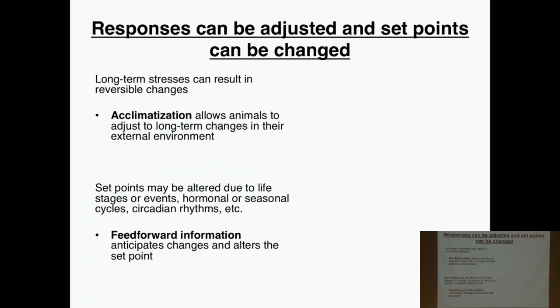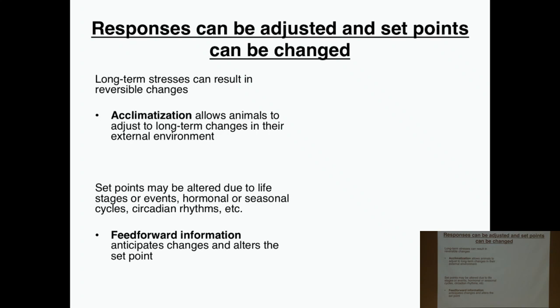And there are two broad classes of responses. So there's acclimatization and also using feed-forward information. So long-term stresses, these are often environmental but can also be physiological. These can result in reversible changes to a set point.